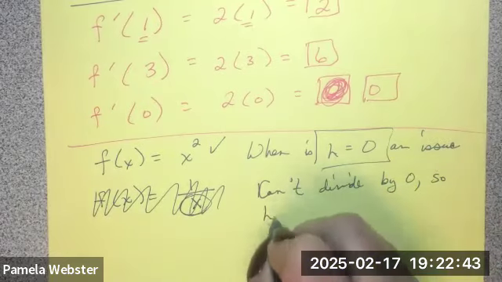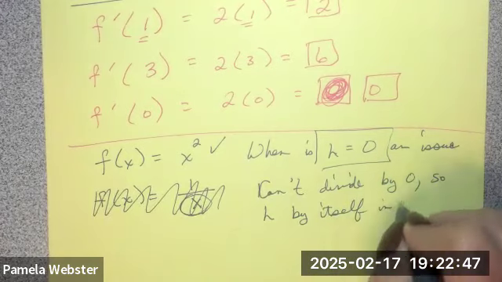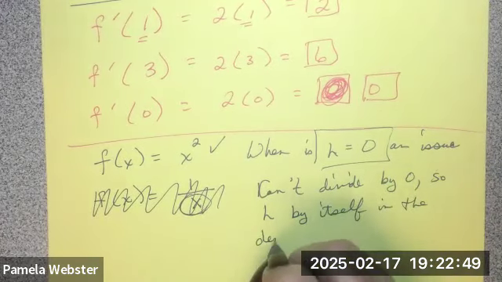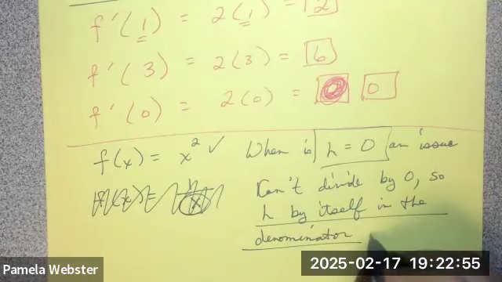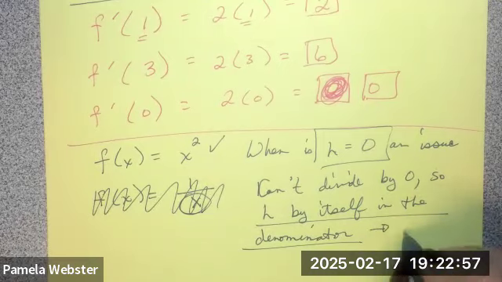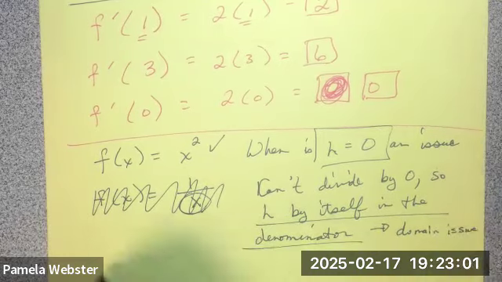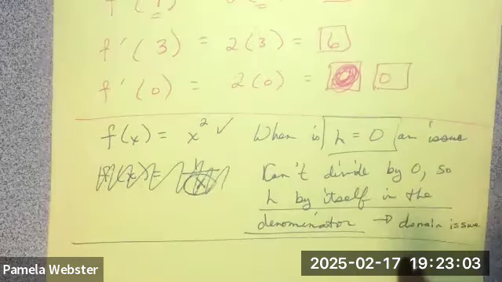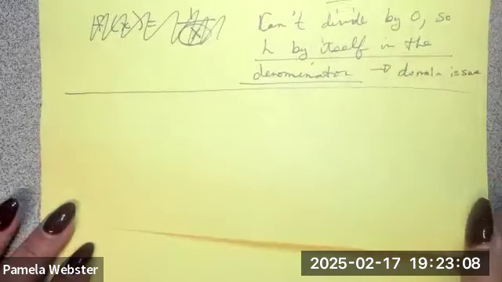So h by itself in the denominator, we're going to have a domain issue. We're going to watch out for those whenever we get going on this. But for right now, we should be okay.